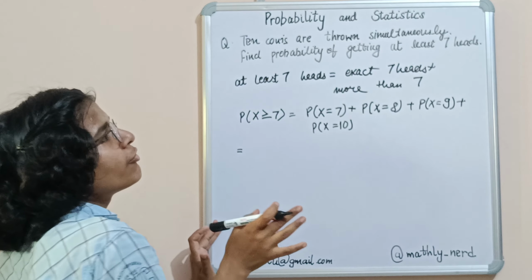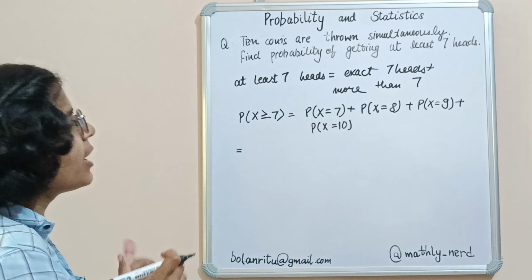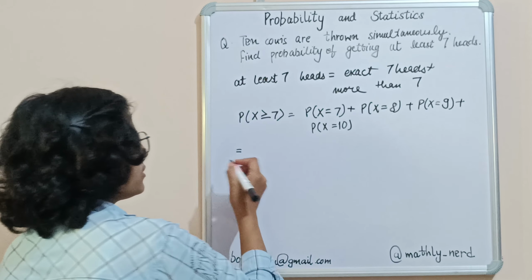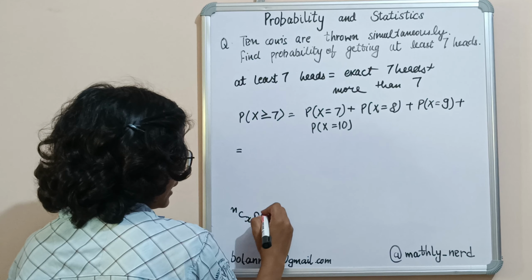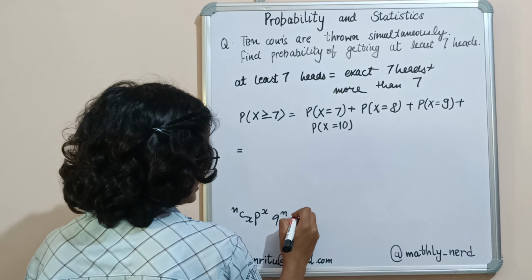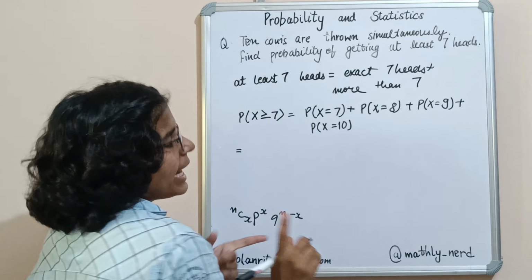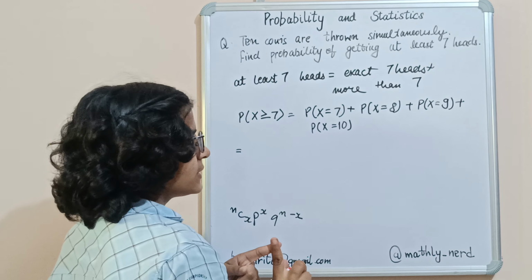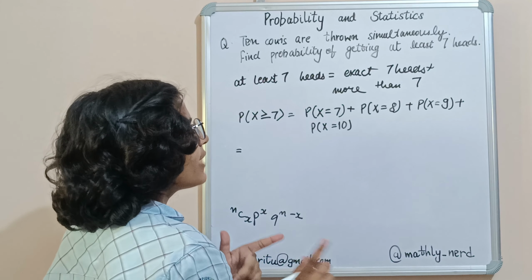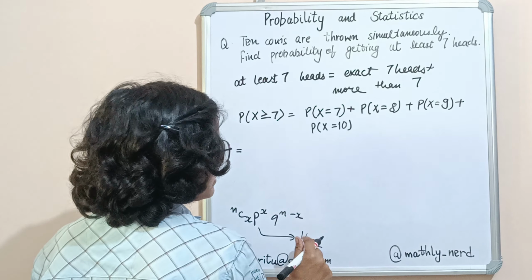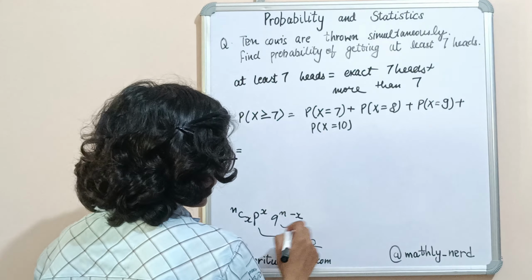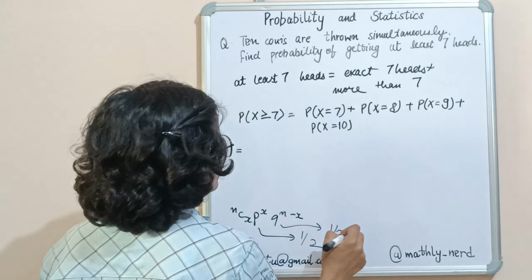As we know, for a binomial distribution, probability equals nCx p to the power x q to the power n minus x. Now, getting a head is a success, and probability of getting a head p equals 1 by 2, and probability of failure, getting a tail, is also 1 by 2.